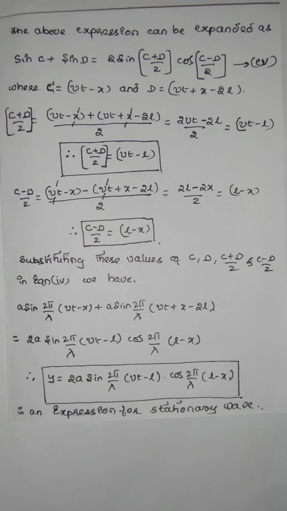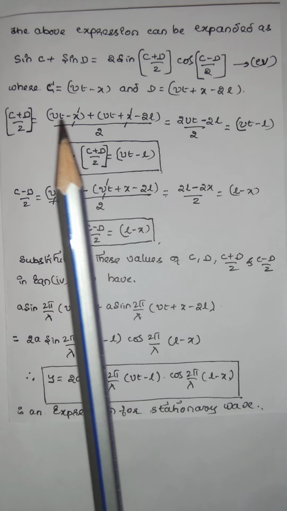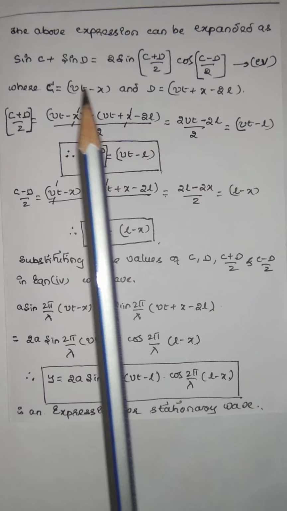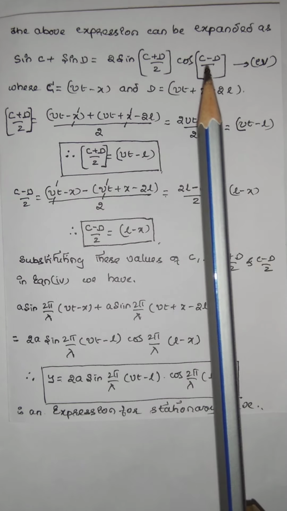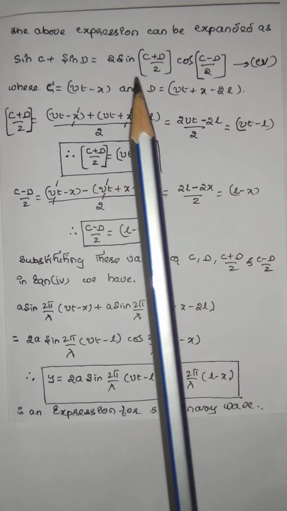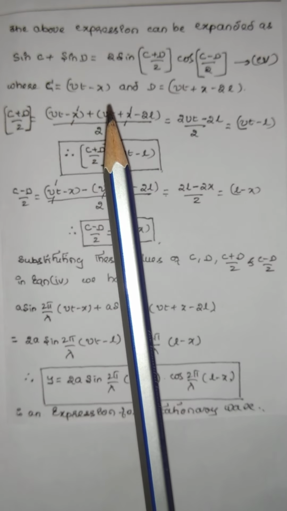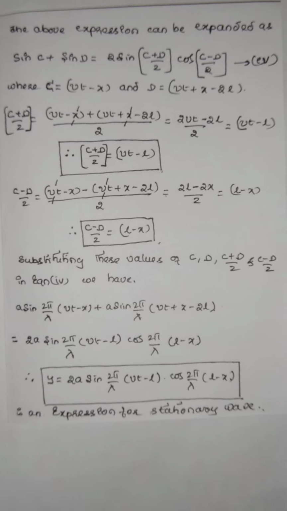Now this term can be expanded by using the formula sin C plus sin D is equal to 2 sin (C plus D) by 2 into cos (C minus D) by 2, where C is given by Vt minus x and D is given by Vt plus x minus 2L.